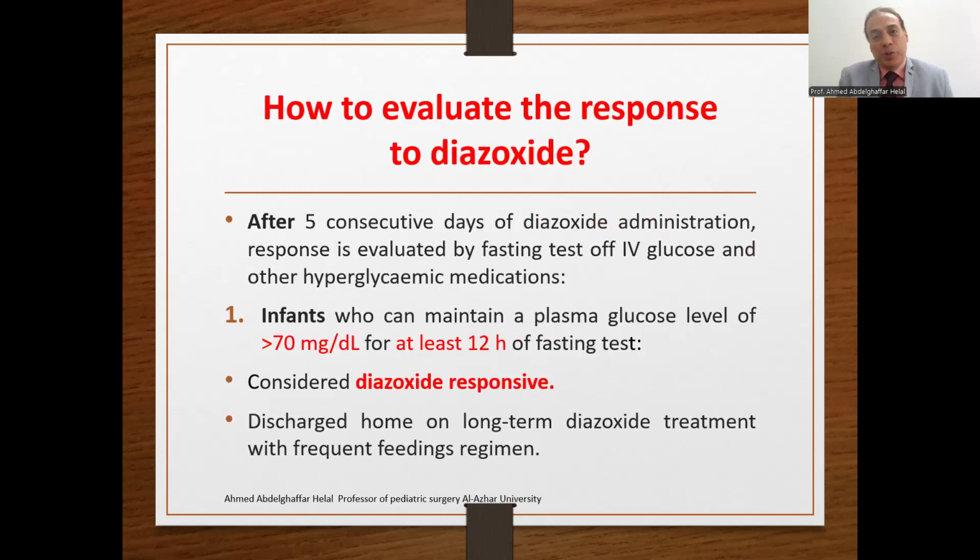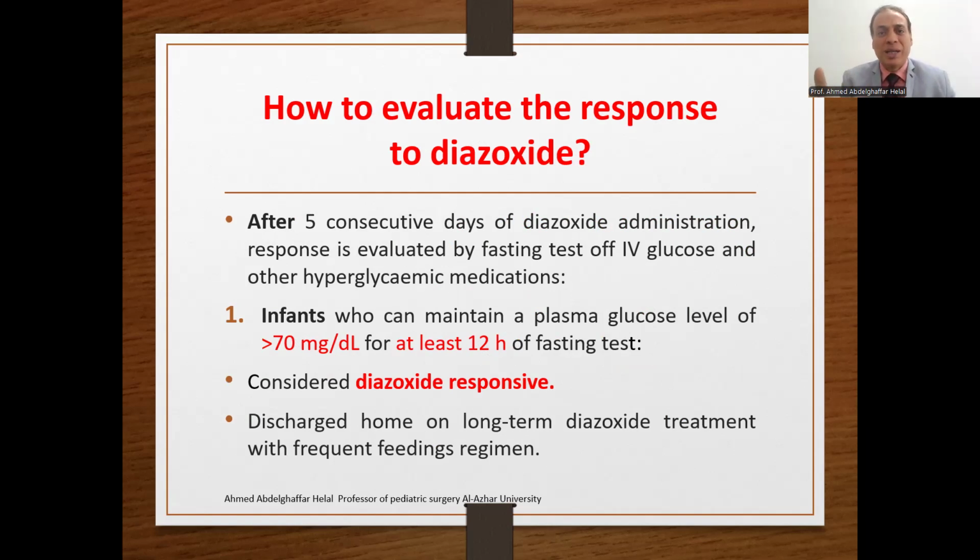How to evaluate the response to diazoxide? It's an important question: how to evaluate responsive, not responsive, partially responsive. After 5 consecutive days of diazoxide administration with intravenous glucose, response is evaluated by a fasting test, fasting from intravenous glucose, diazoxide and other hyperglycemic medications.